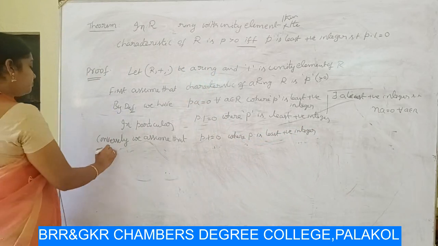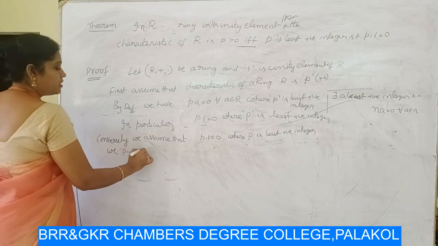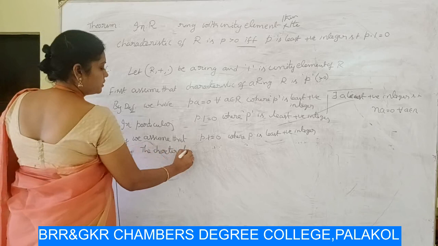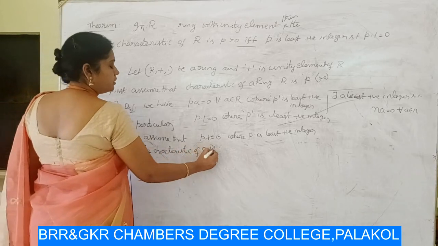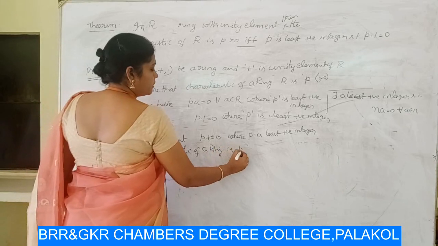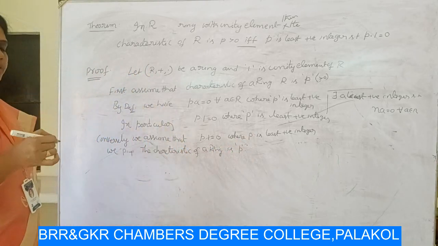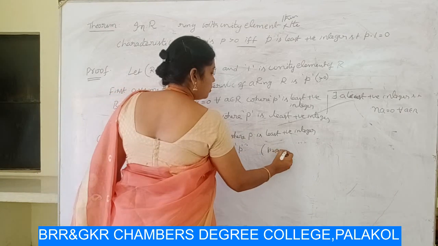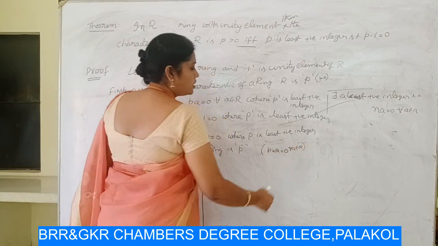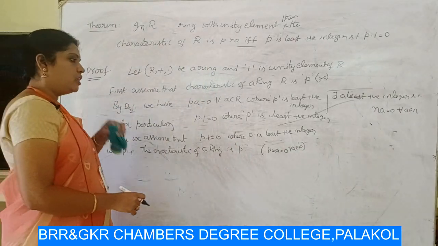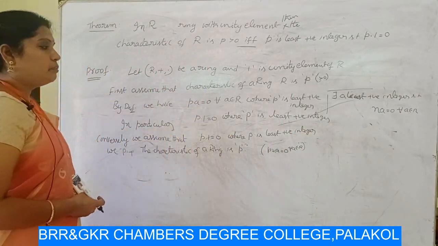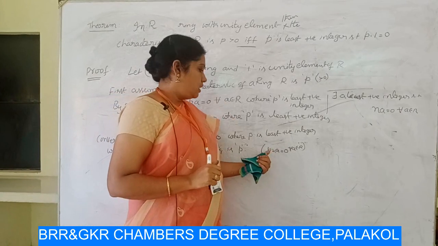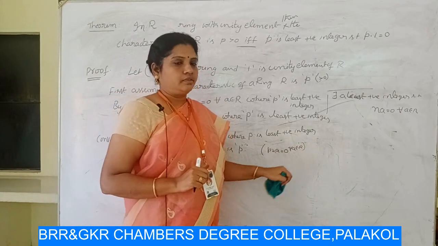We have to prove that the characteristic of a ring is P. So that means we have to prove Pa is equal to 0 for all a belongs to R where P is the least positive integer.